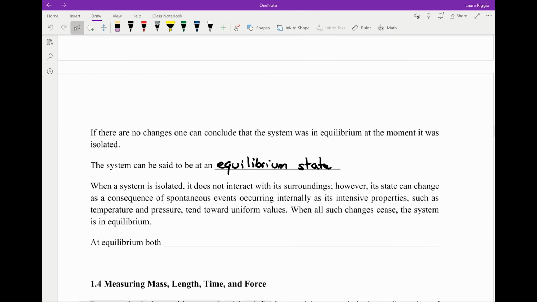And one last final note is that at equilibrium, both temperature and pressure are uniform throughout the system.